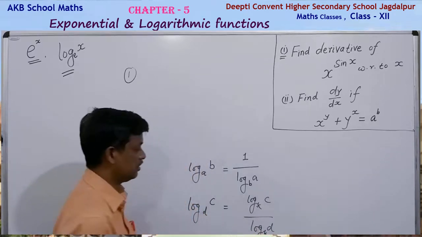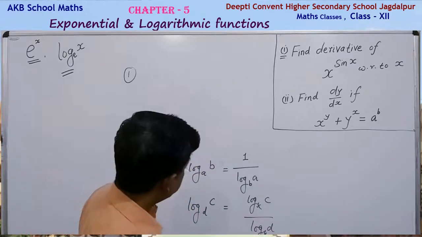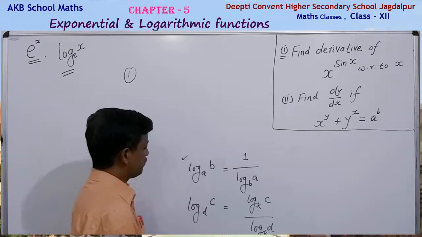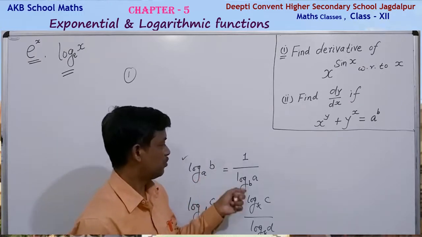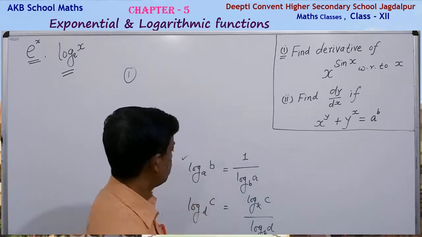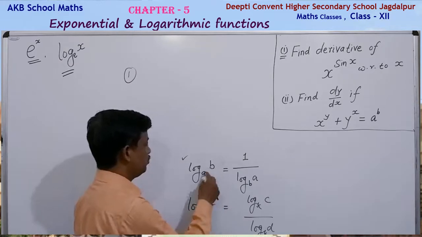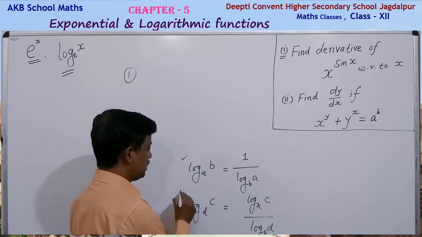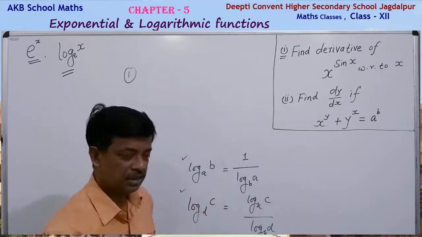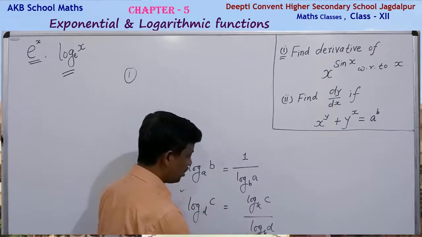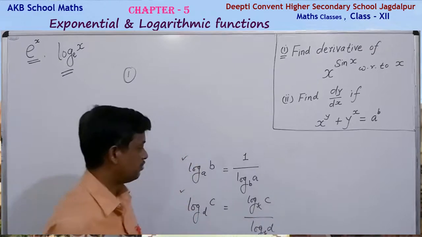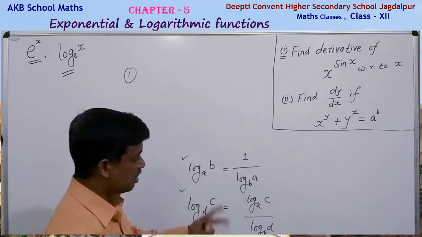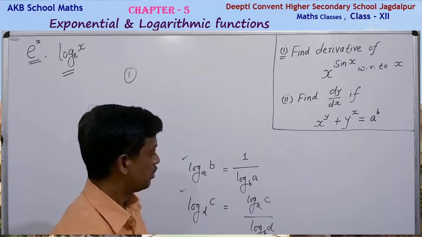You can also write like this. We can prove it. First of all, in base changing, 1 upon, the base changes: log b to the base a becomes 1 upon log a to the base b. Second, log c to the base d can be written as log c upon log d, taking any other base. So these are also useful for conversion.